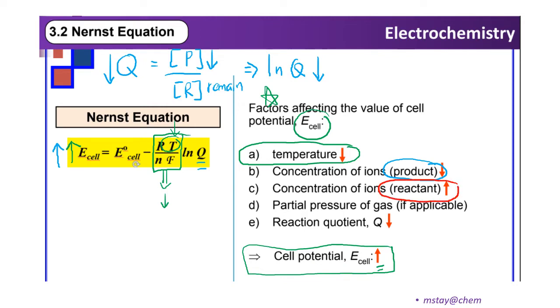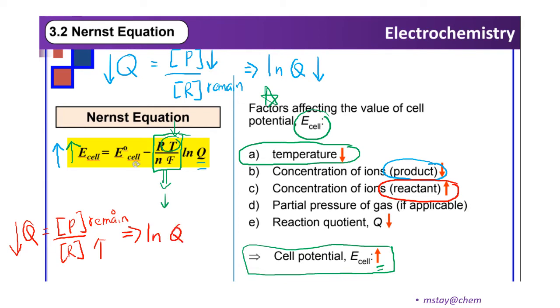Next one, we will look at the concentration of the reactant. Here we say the concentration of reactant increases. Again, Q equals the concentration of product over the concentration of reactant. So now the concentration of product remains, but the concentration of reactant is increased. Because we are dividing by a larger value, this will cause Q to decrease. Once Q decreases, ln Q will decrease.